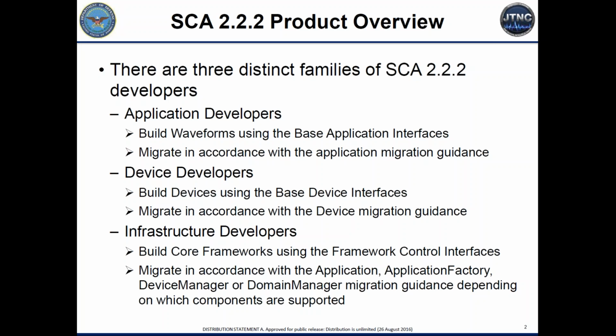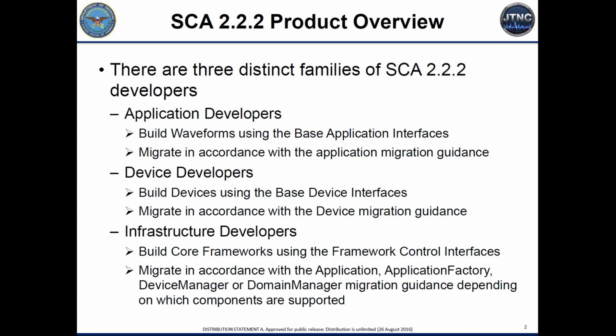I'm sure that everyone who's listening in is familiar with SCA 222. And within 222, at a high level, there are three basic families of developers. There are people that develop applications.